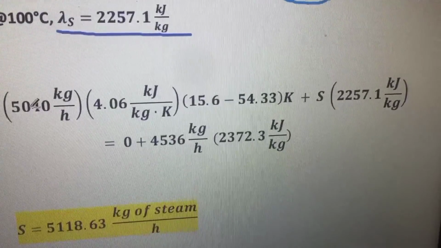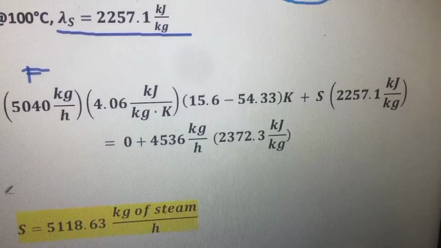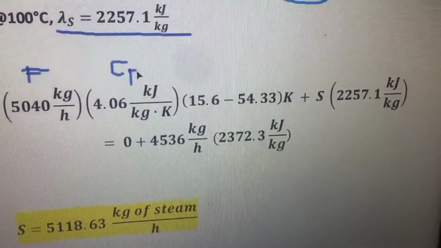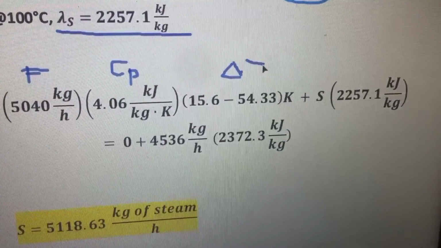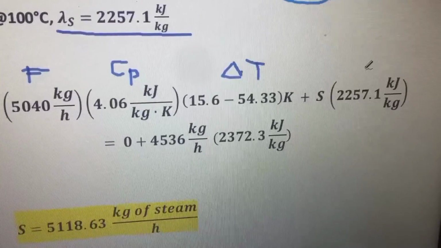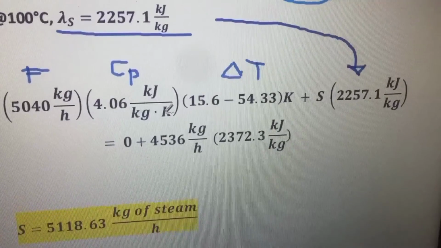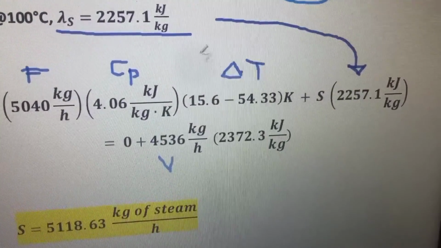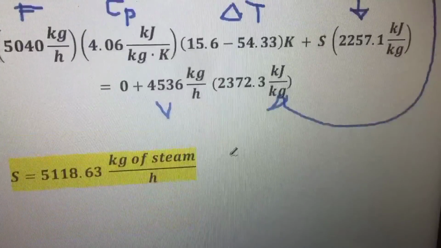We use 5,040 kilogram per hour, which is our feed, multiplied by 4.06 kilojoules per kilogram per Kelvin, which is our Cp, and multiplied by the change in temperature, 15.6 minus 54.33, and we add S, which is an unknown, multiplied by its latent heat, 2,257.1 kilojoules per kilogram, equals 0 plus the vapor, 4,536 kilogram per hour, multiplied by its latent heat, 2,372.3 kilojoules per kilogram.